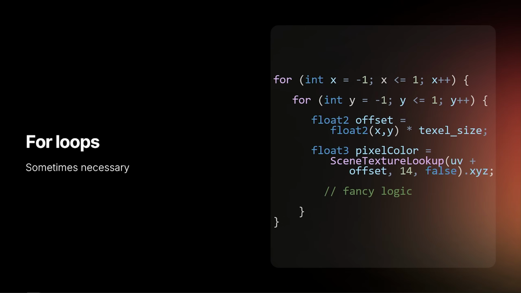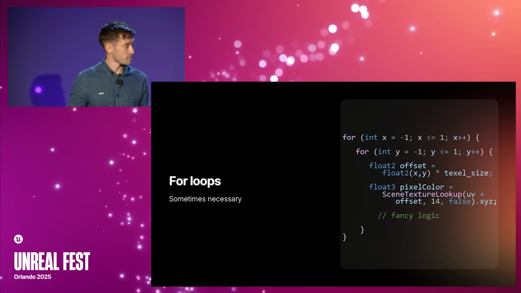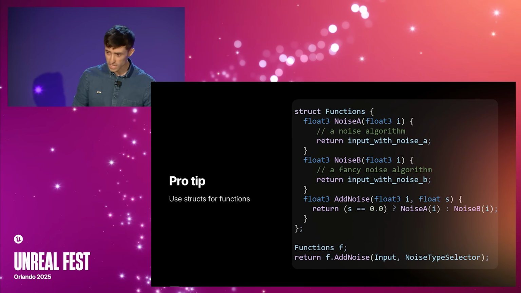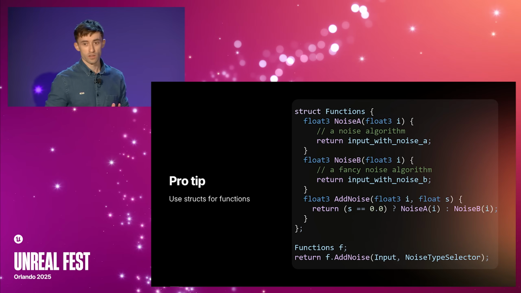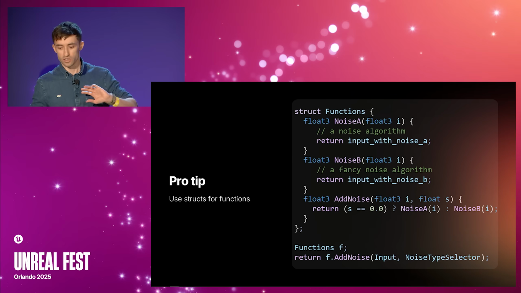Fancy logic, so add all your stuff there. For some of the screen space things that we do, this is very useful. And here's a really quick pro tip. Most of the examples that you'll see online, if you're trying to do HLSL, are very simple, and there's only one function. But if you wanted to have multiple functions inside your HLSL custom node, just wrap everything in a struct. Then you have access to all the different functions that you want.